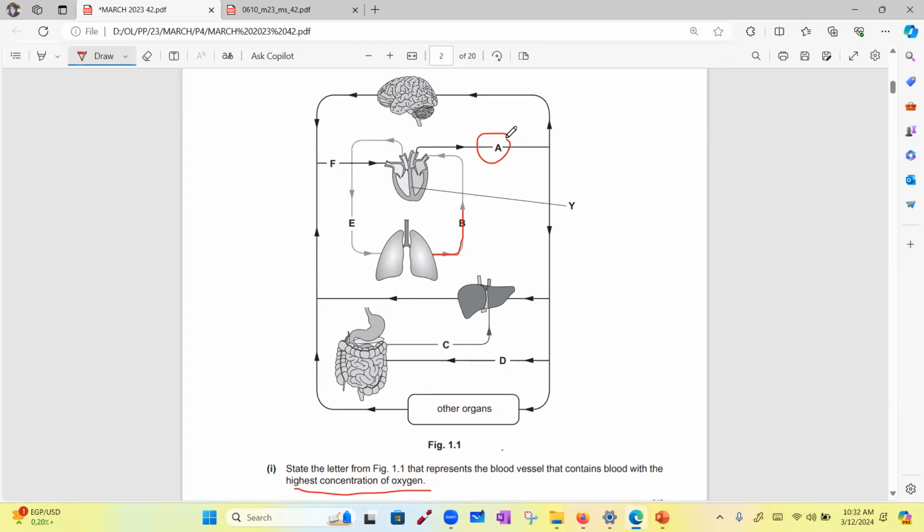A is what? The aorta. And the aorta is oxygenated or deoxygenated? Oxygenated. Okay, you have the option to choose A and B. Which one will you choose? They are both oxygenated, by the way. B, because B is coming directly from the lungs. So the answer is B.